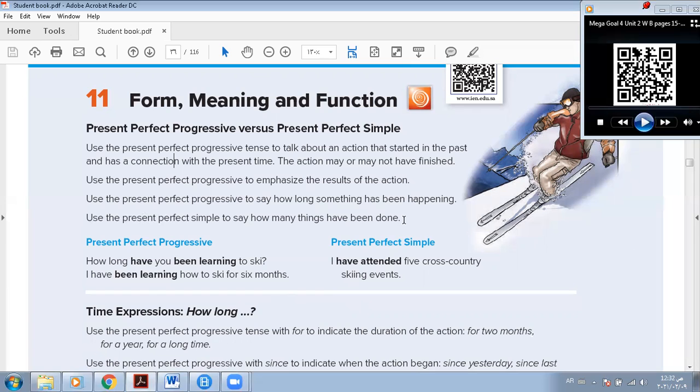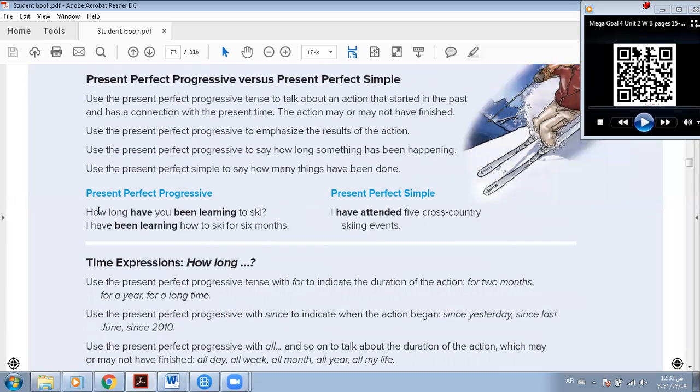As you see here in the examples, for the present perfect progressive, we can say, how long have you been learning to ski? And the answer, I have been learning how to ski for 6 months. Here we used the present perfect progressive, as I told you, because we asked about the duration of something.